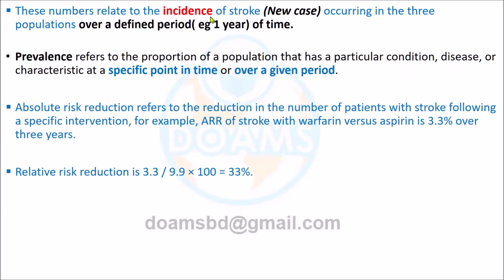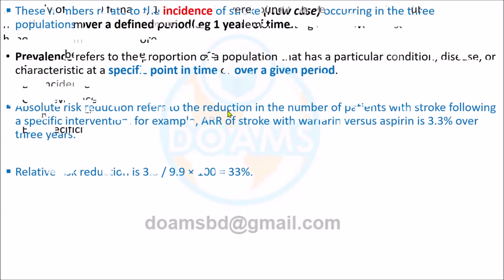So incidence of a stroke is new case here. Now there's some other calculation, relative risk reduction and others. I will not tell you because I will discuss it a little later. How to calculate this thing, you may not understand now.